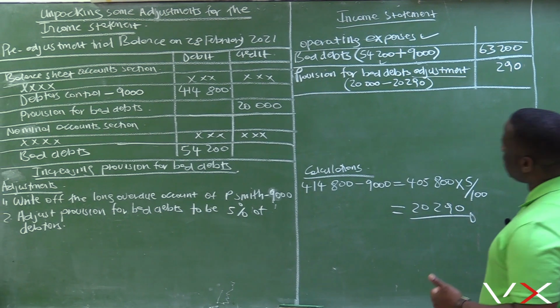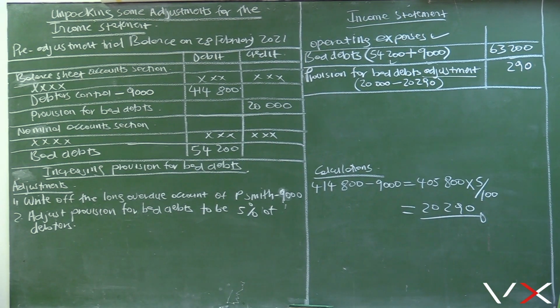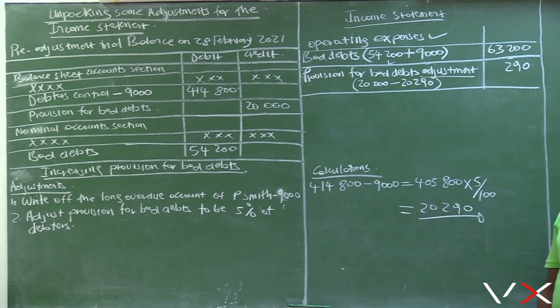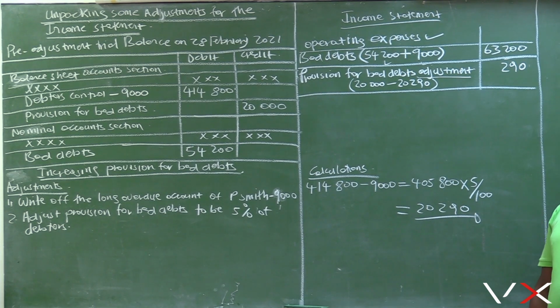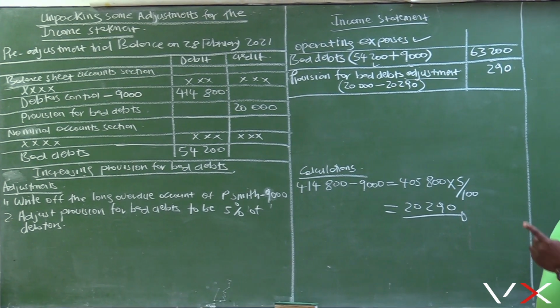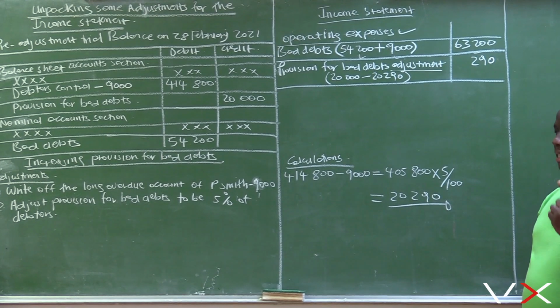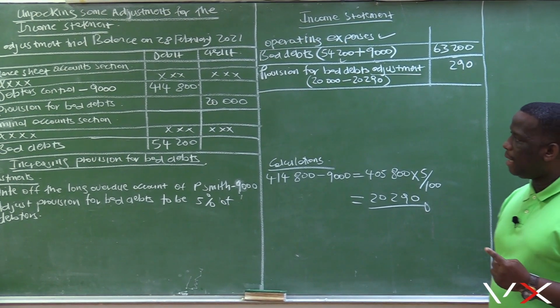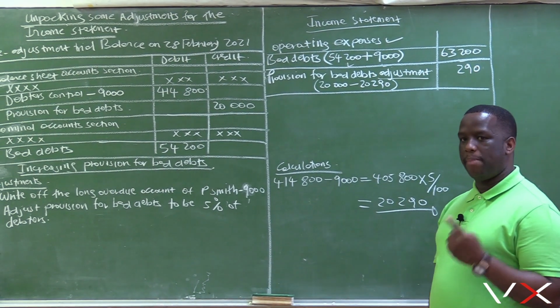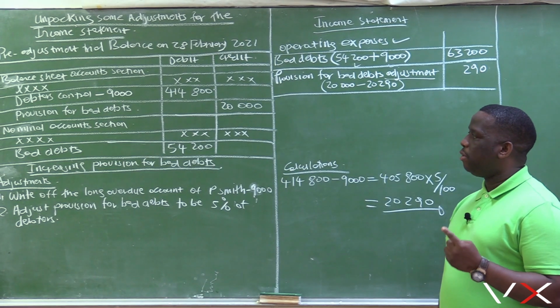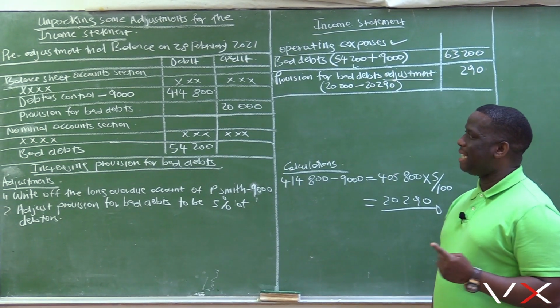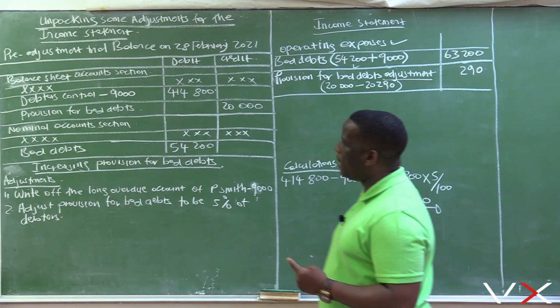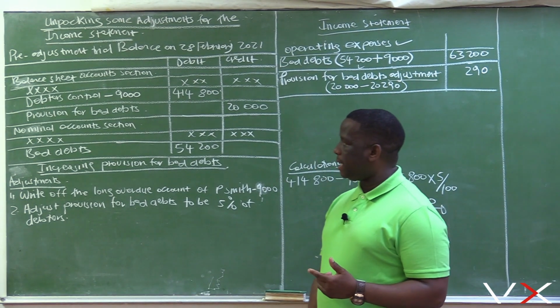Therefore it will be recorded under operating expenses. So you must always remember that when you are adjusting provision for bad debts, the first important thing is to work with the correct debtors control balance. Sometimes you will notice that the debtors control balance given in the pre-adjustment trial balance will be adjusted by bad debts.